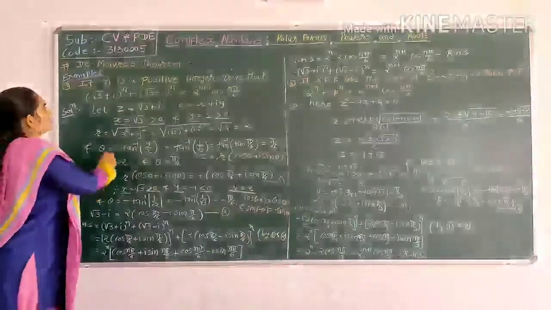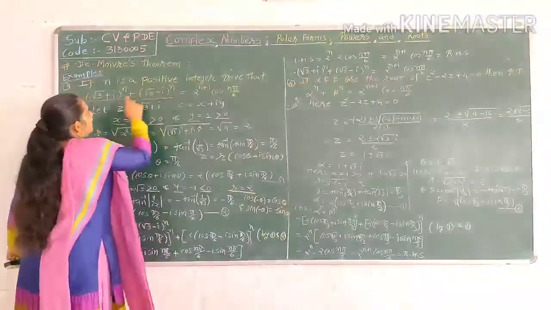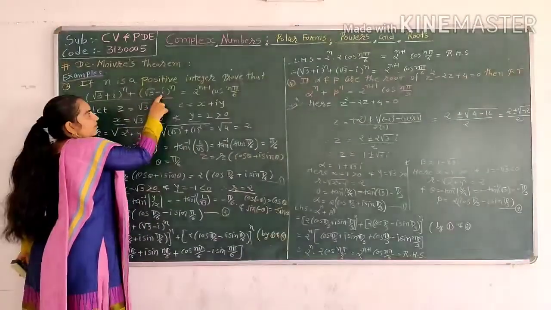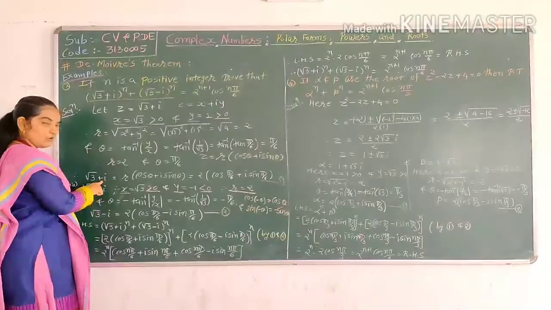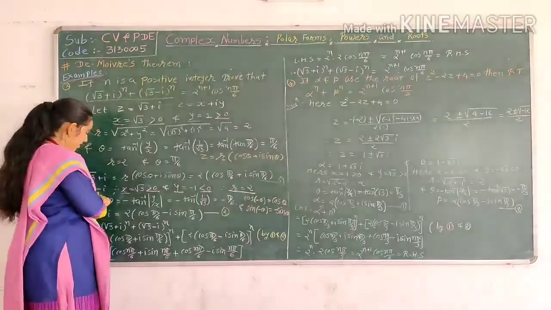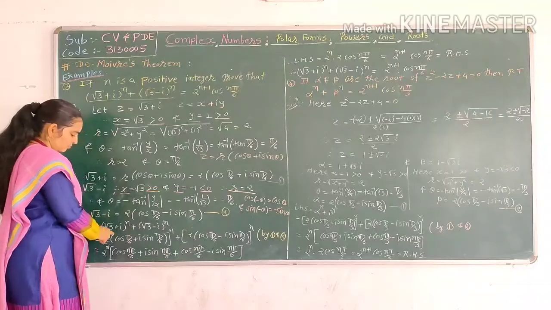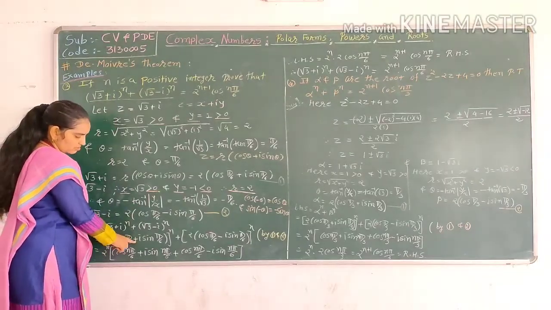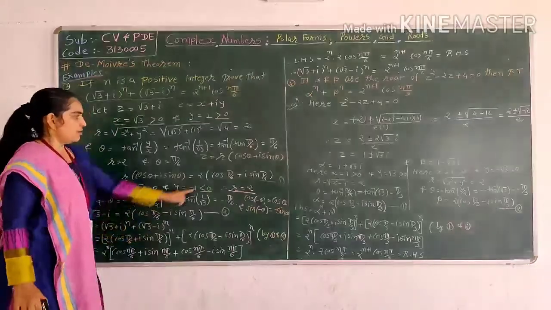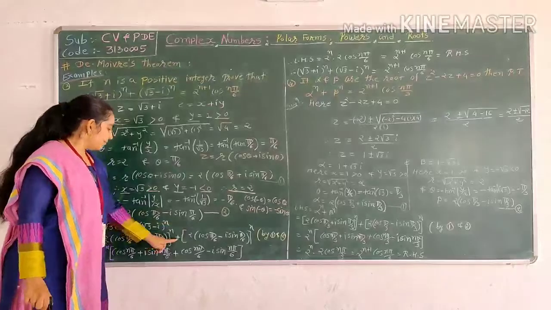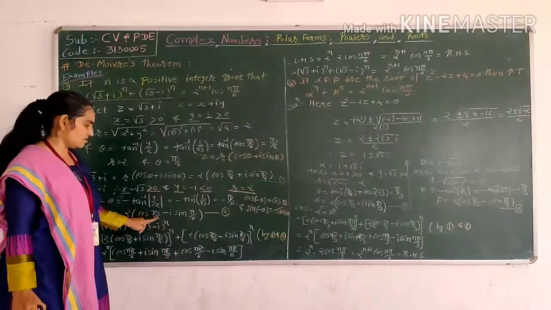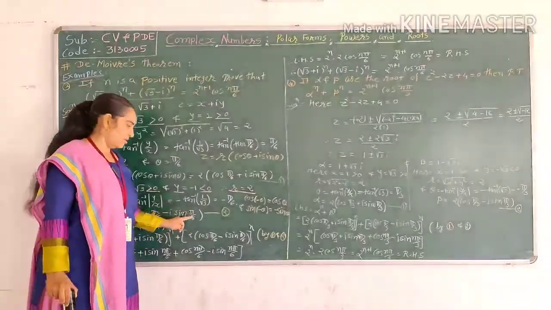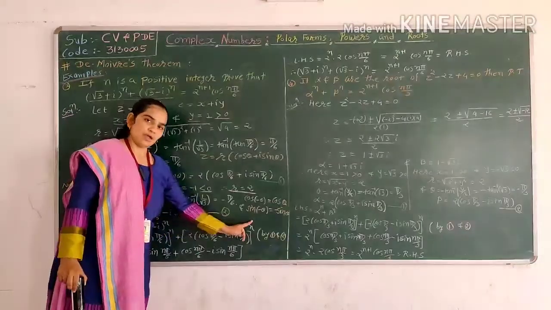Now the LHS: under root 3 plus i whole raised to n plus under root 3 minus i whole raised to n. Now we have to put the values of under root 3 plus i and under root 3 minus i. Therefore 2 cos pi by 6 plus i sin pi by 6 whole raised to n plus 2 cos pi by 6 minus i sin pi by 6 whole raised to n.